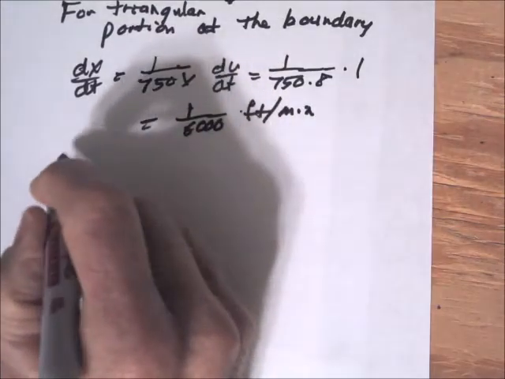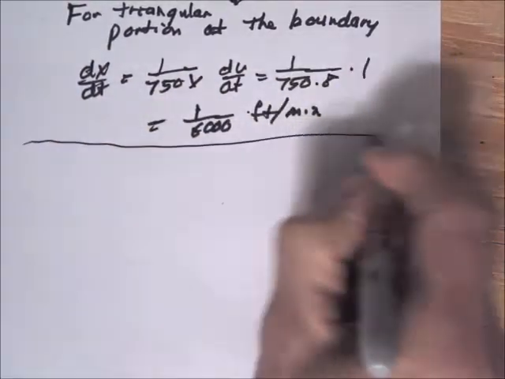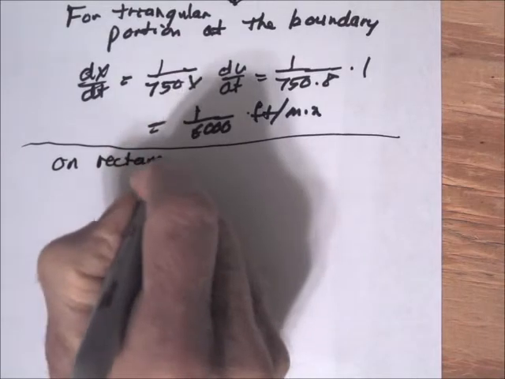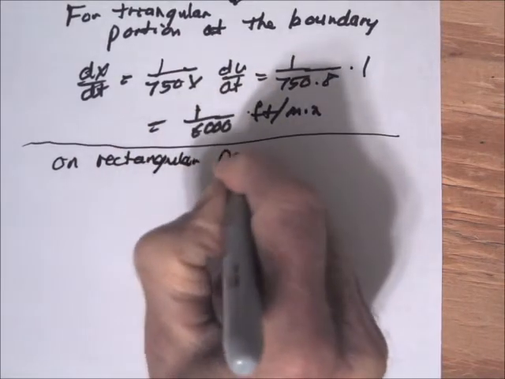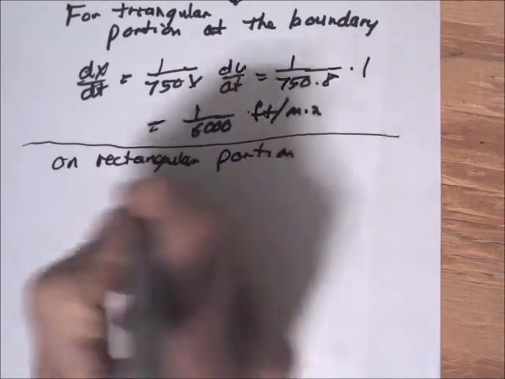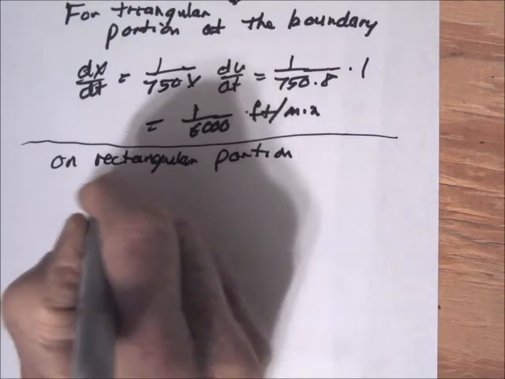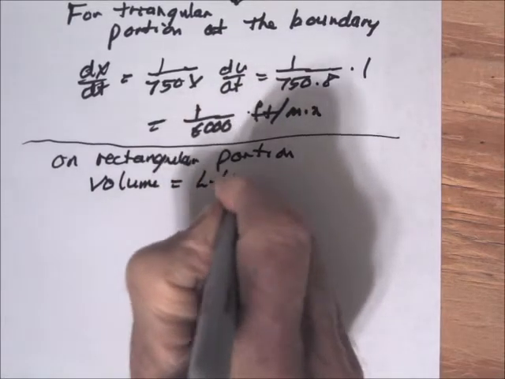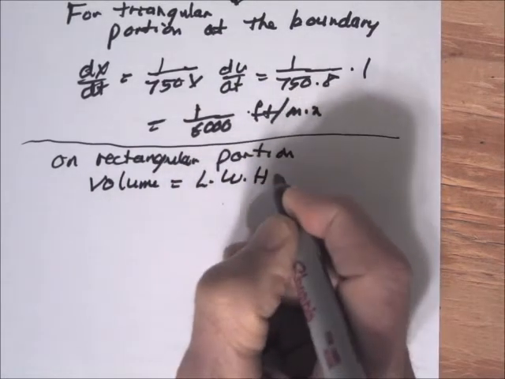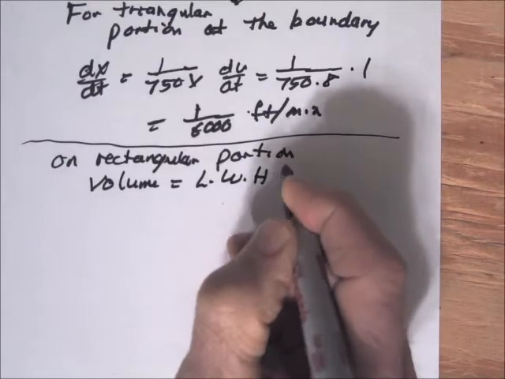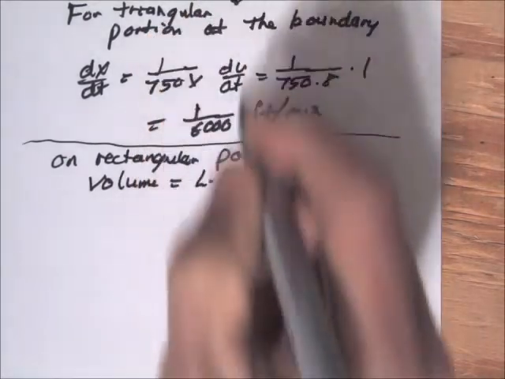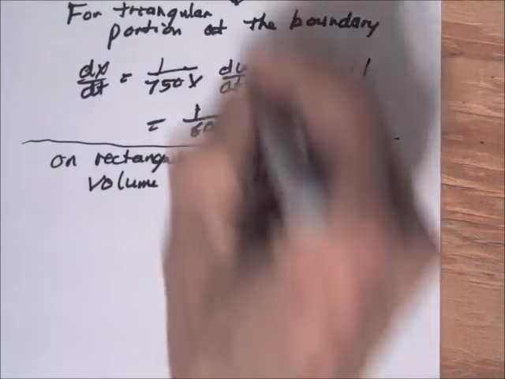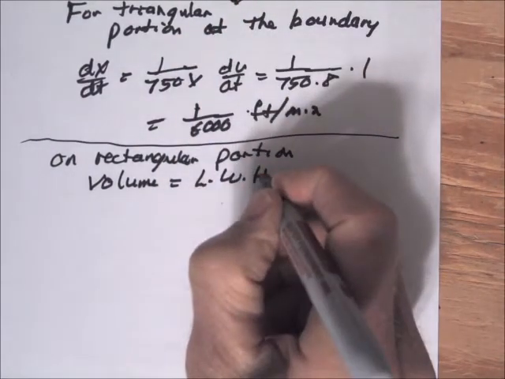On the rectangular portion, the volume is equal to length times width times the height, and the height is going to be the depth minus 8.